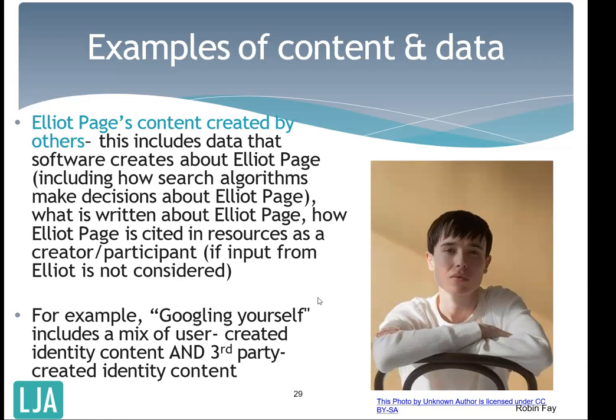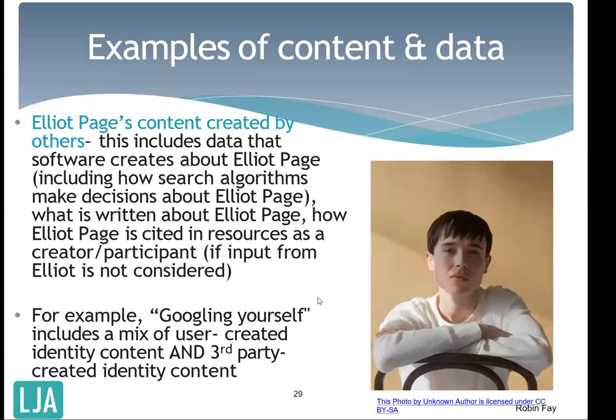And so, even when we Google or go out and look for information about ourselves, it includes a mix of, depending on if you've done anything, but if you have a Twitter or social media or whatever, that will eventually show up in Google someplace. If you've done any presentations, that shows up in Google someplace. So you will see that mix of content about yourself, and then you'll see content you've created and content others have created.